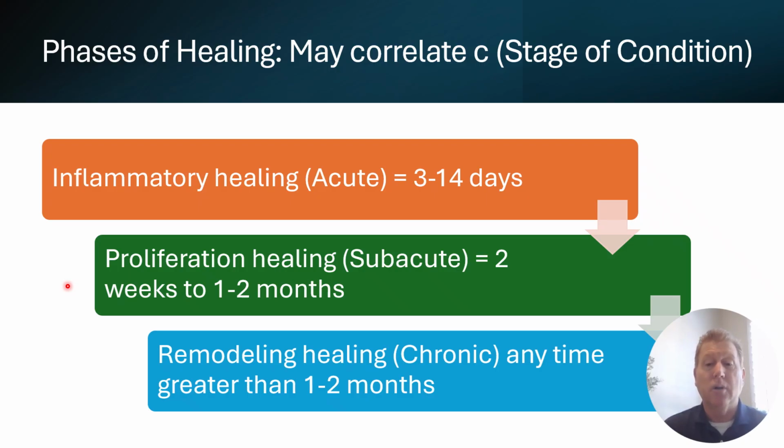This is where we have the proliferation of tissue really starting to try and heal the injury itself. And then that tissue begins to remodel as we move into this greater than 2 months out, which has been given the name chronic phase, but understanding that chronic is not necessarily a bad word in this stage. It is just what we call it.